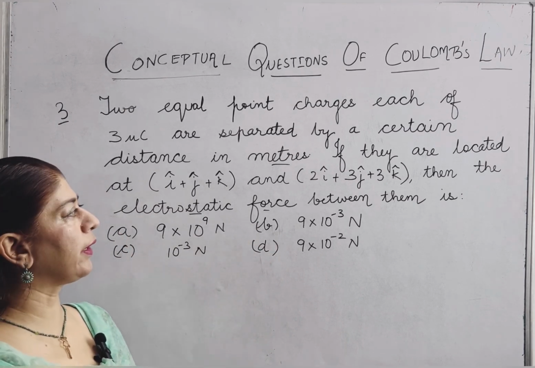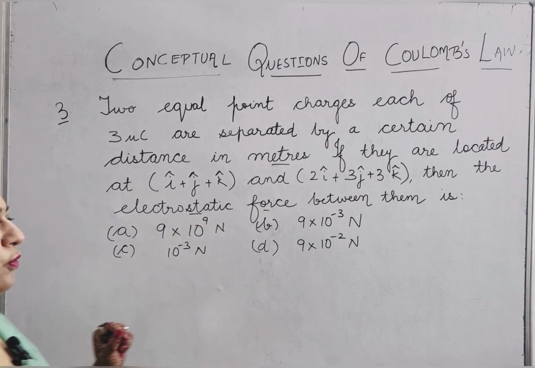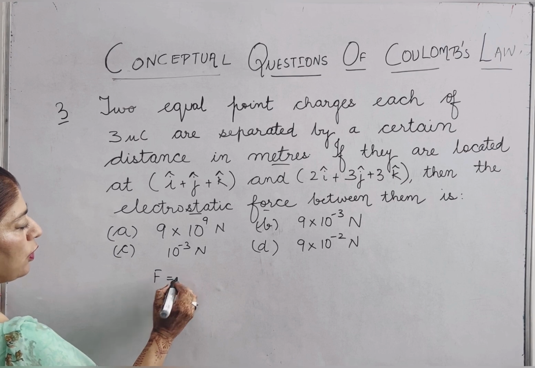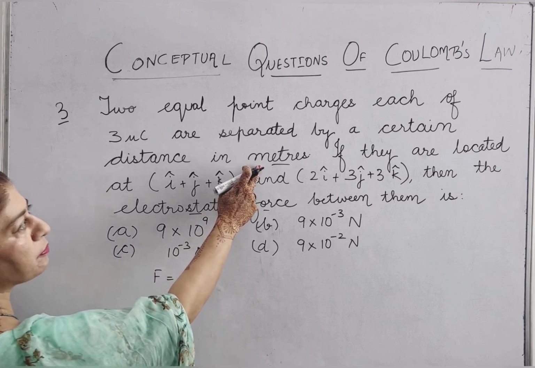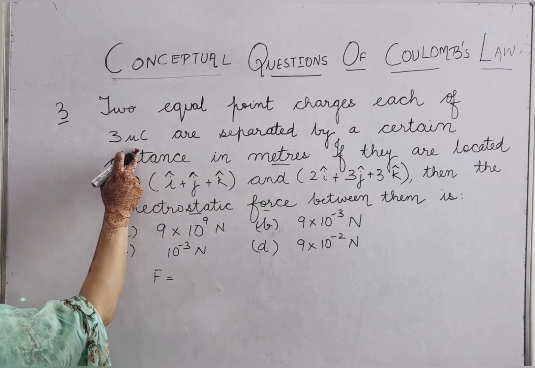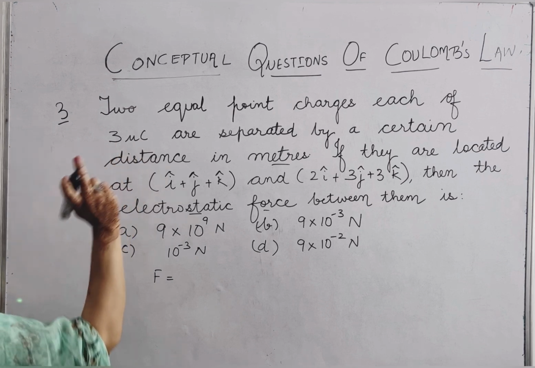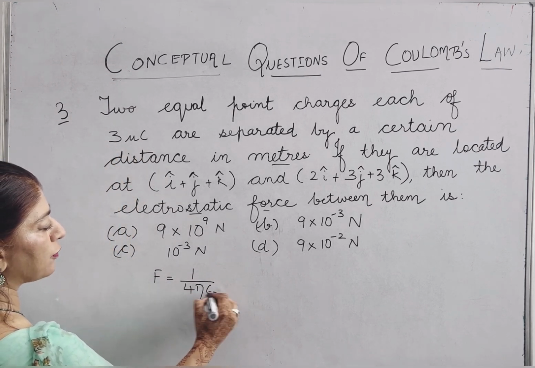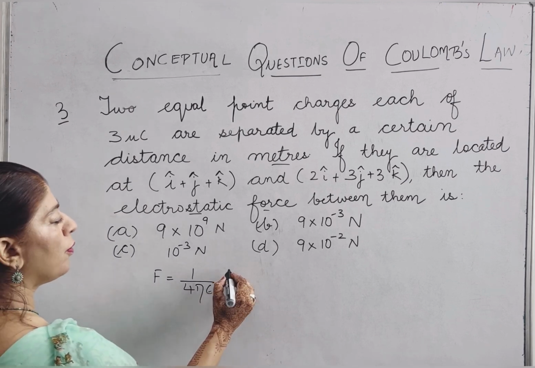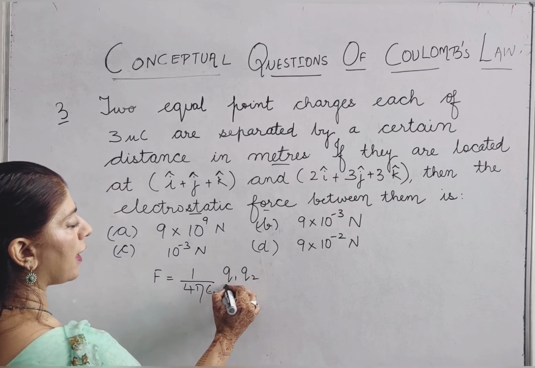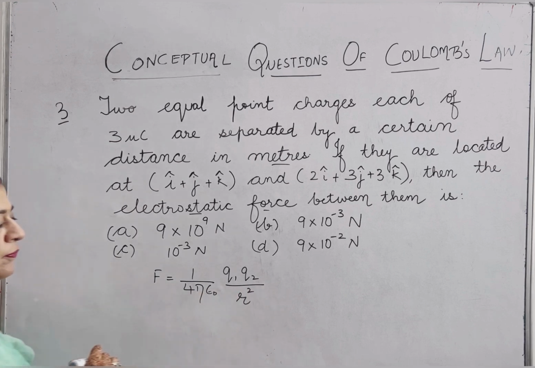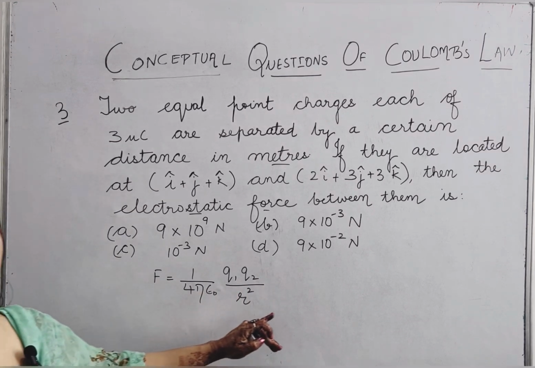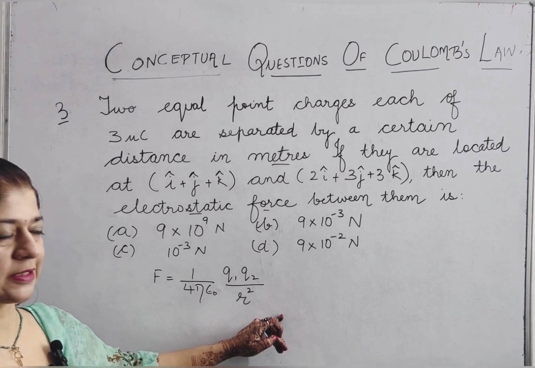So let us calculate the electrostatic force. We know the formula for the electrostatic force F is equal to, because it is in meter, we will convert the charges also in coulomb. So this is SI system. In SI system, we have 4 pi epsilon naught as the constant value, product of charges and square of distance between them. In my previous lectures, I have mentioned the force is given by this formula for SI system.